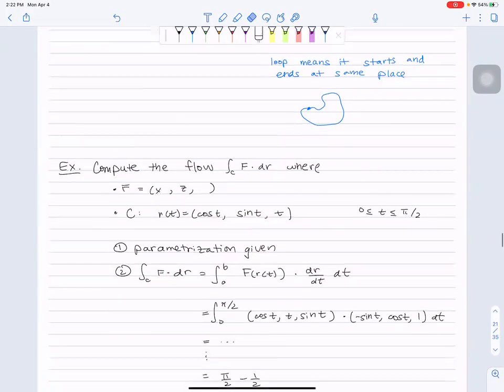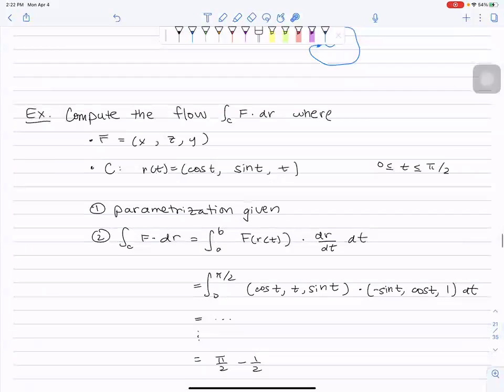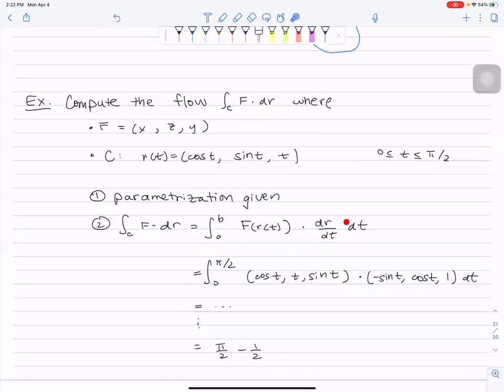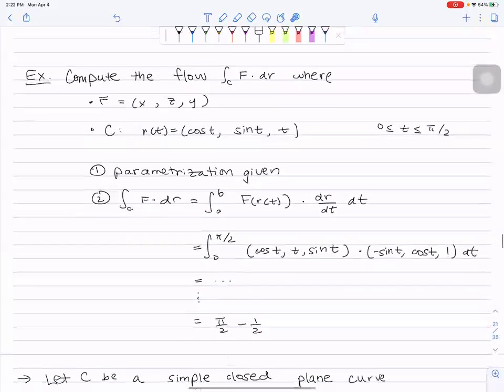Then we have our function and we plug in the parameterization. So x is cosine t, z is t, and y is sine t. Then we take the derivative of our parameterization, dt, and you can compute the integral and get this answer.